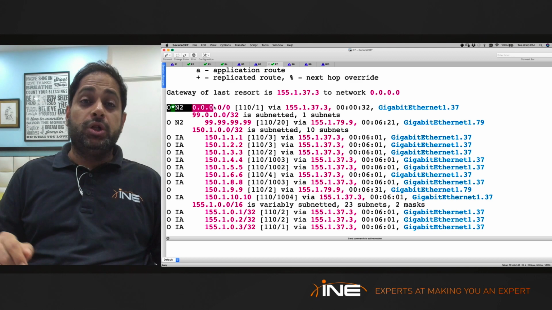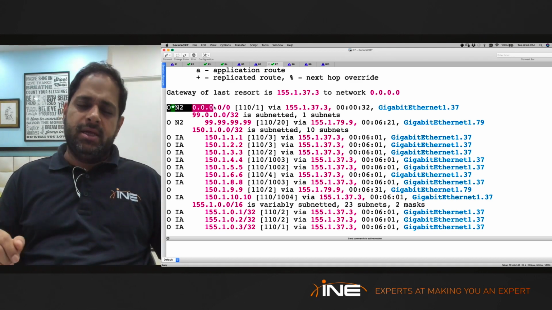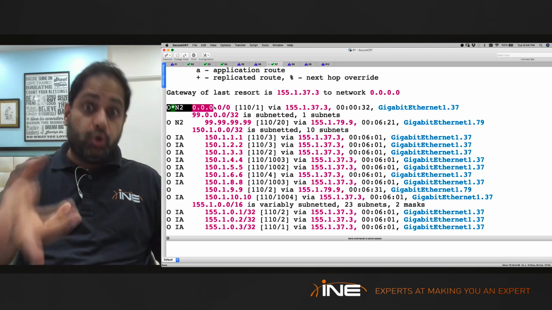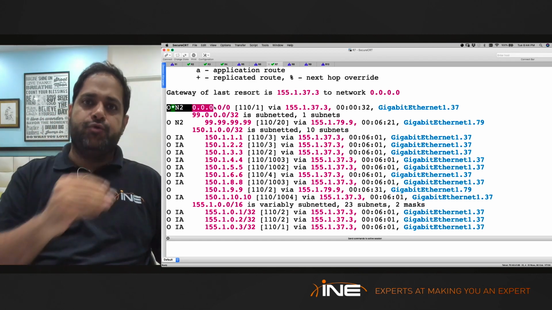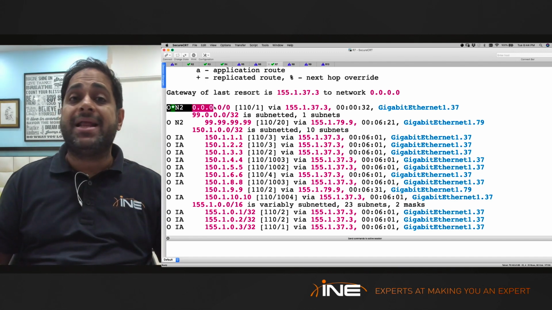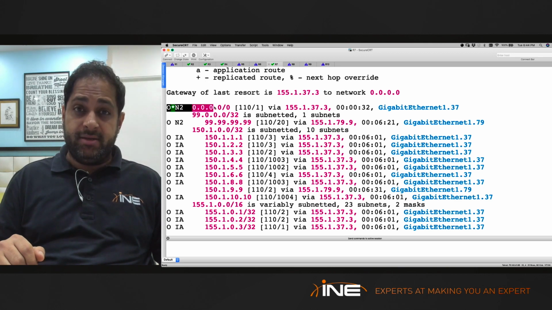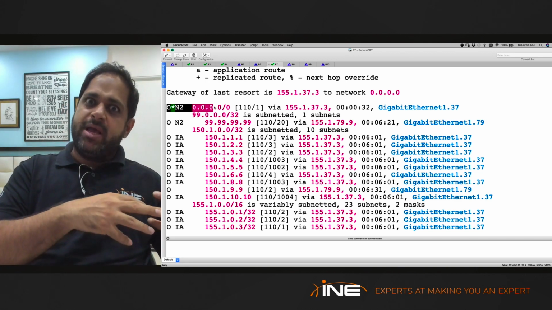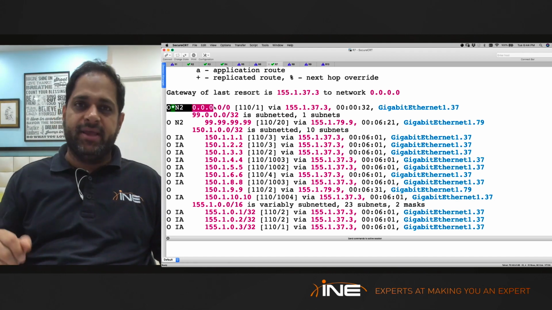Now let's do totally not so stubby. Totally not so stubby is a lot like totally stub. It blocks 5, 4, and 3 coming into the area and generates a default route automatically. So I don't have to give default-information originate. Your ASBR generates 7, which gets translated to 5 by the ABR.